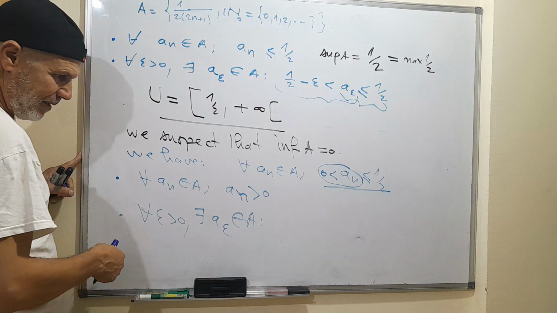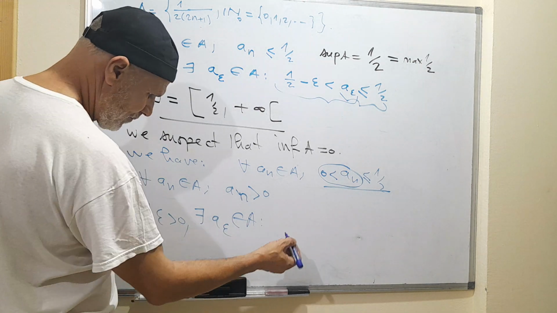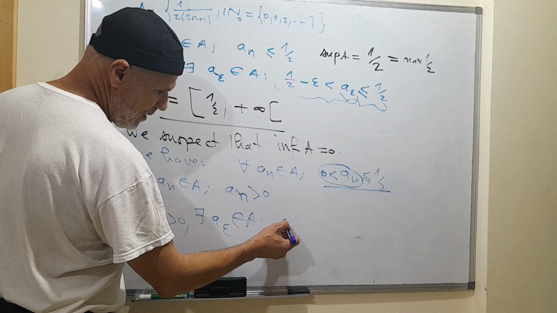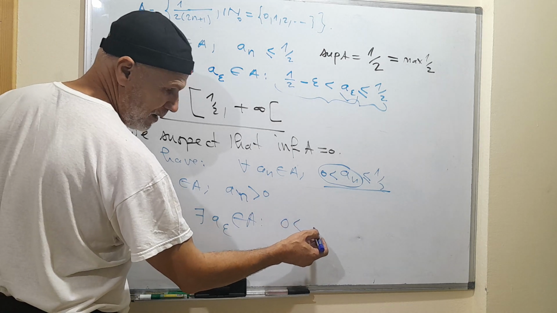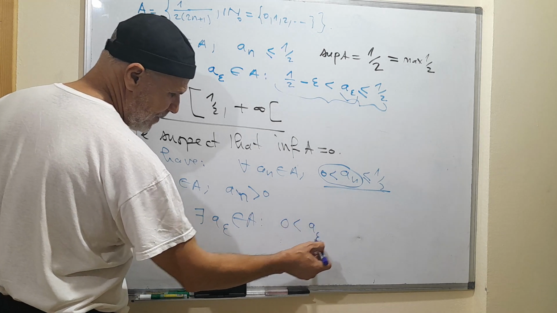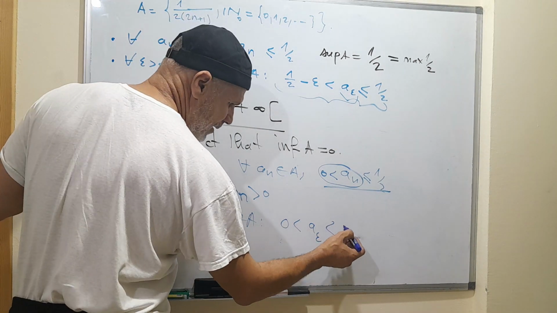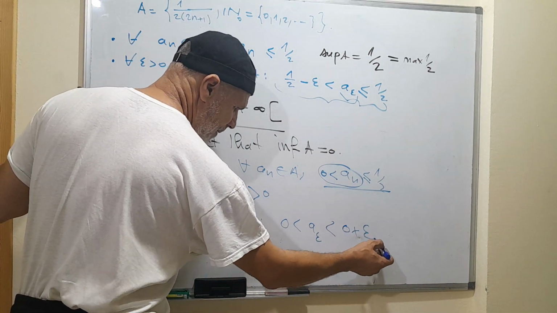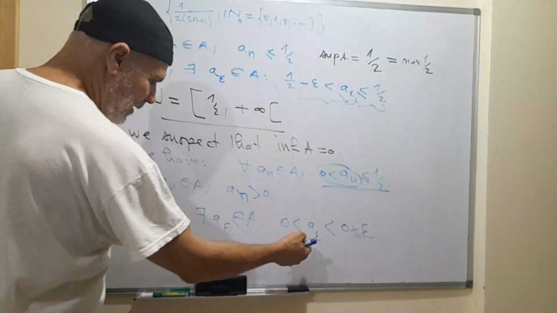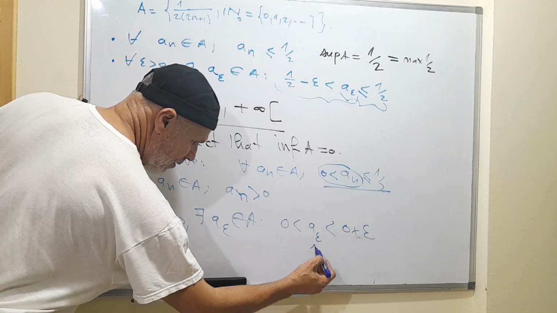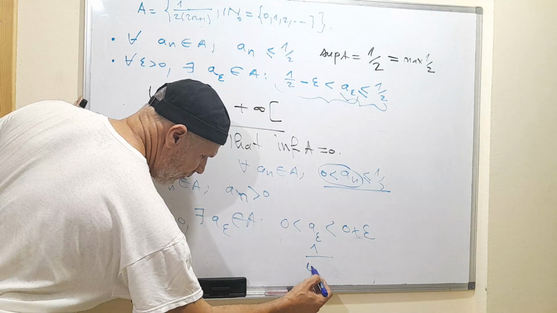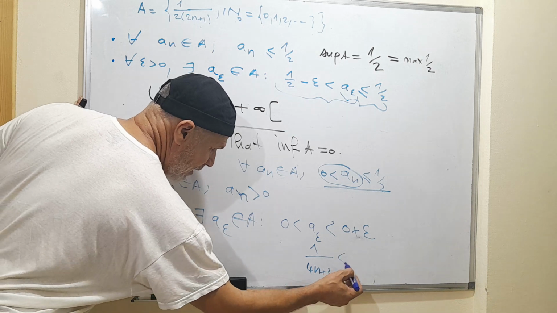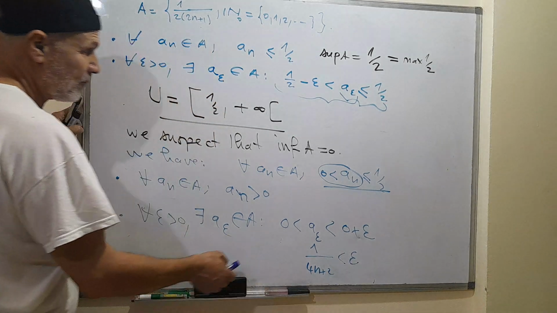So we are in this case: 0 less than a_epsilon less than 0 plus epsilon. a_epsilon means 1 over 4n plus 2 less than epsilon.